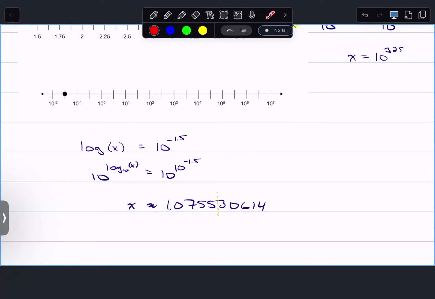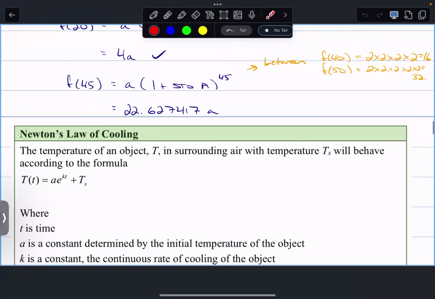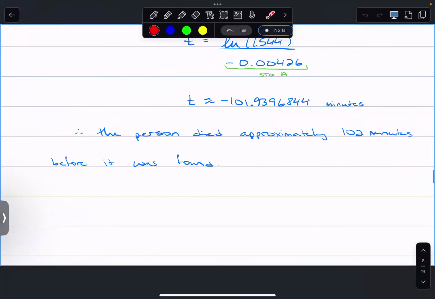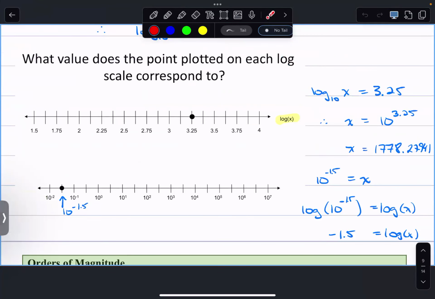Should I cheat? Hey, we were missing some information.